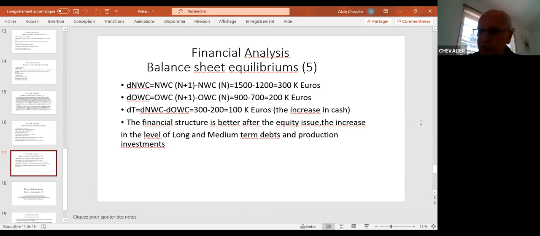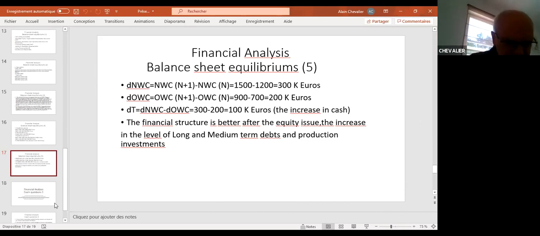It can be used to forecast one of the three elements using the basic relation for the year after. It's very often done, at least. And of course, it can be used in a ratio analysis. But let's keep the ratio analysis for tomorrow.